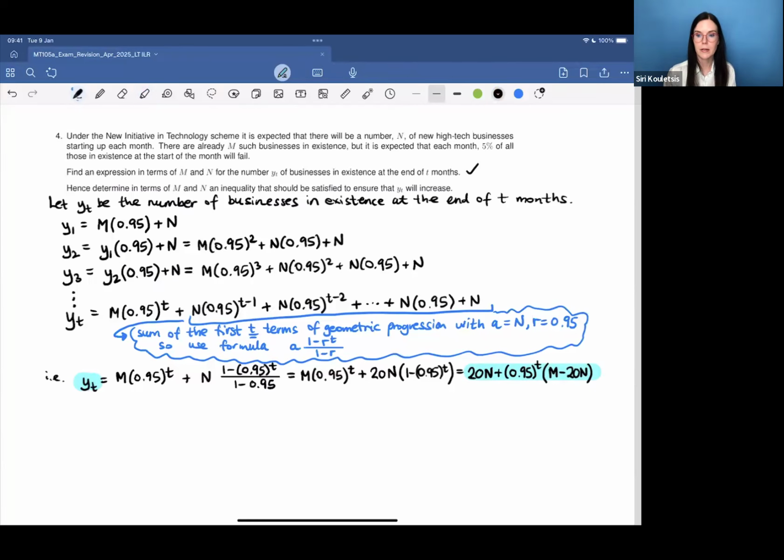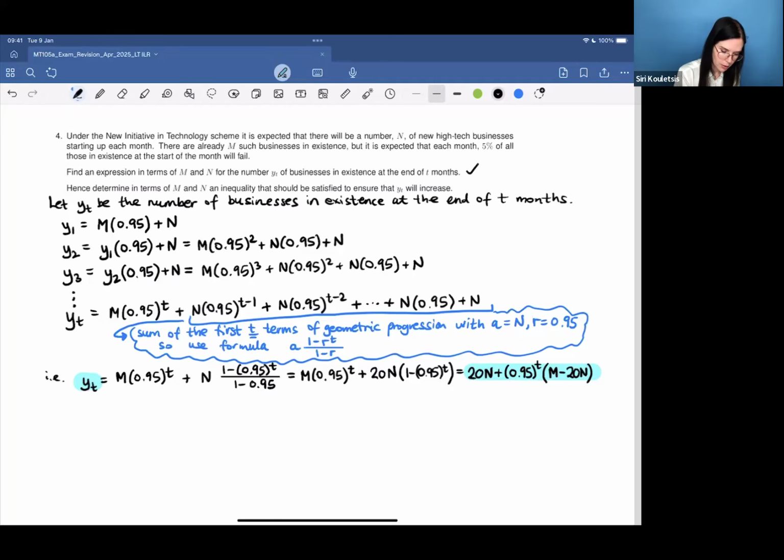And now we'd like to answer part 2, which is to determine, in terms of m and n, an inequality that should be satisfied to ensure that yt will increase. Now, one way to go about that, and this will just give us some training with inequalities and manipulating inequalities.